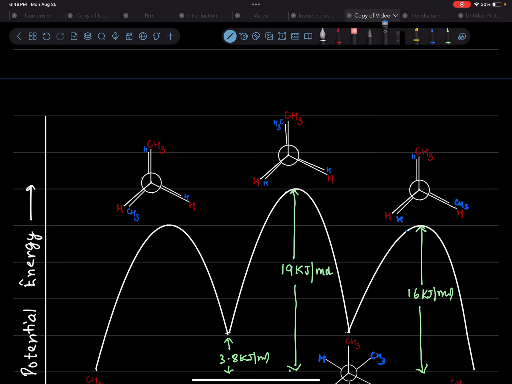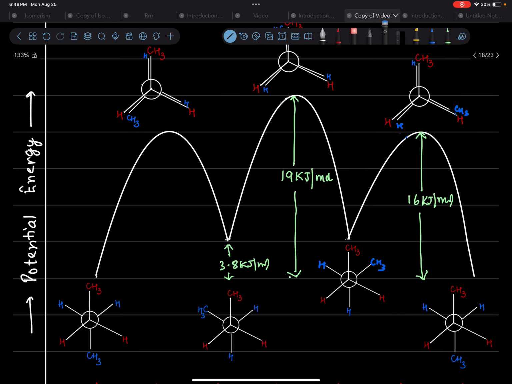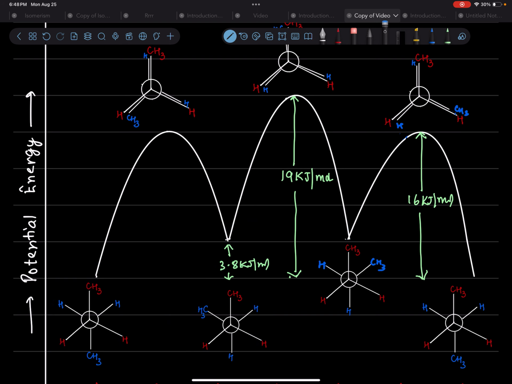Two different types of conformations are there. Similarly, for the lower energy states, we have two, anti and Gauche. So staggered conformations are also not degenerate in case of butane, right?